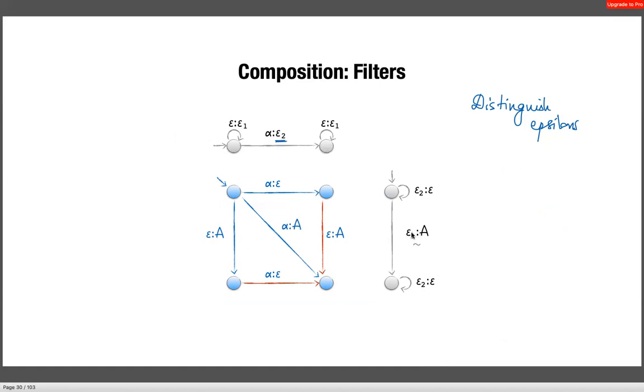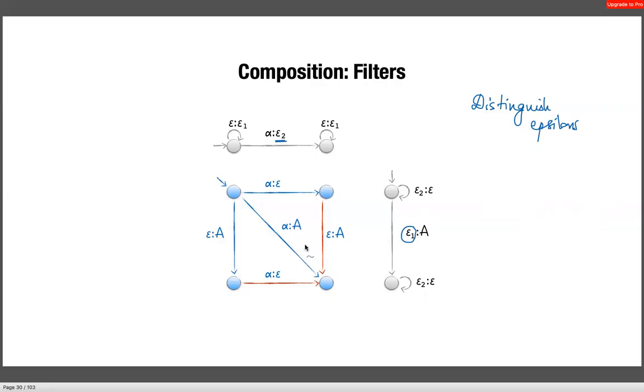Similarly, the epsilon here, which is in the input of this transition, I'm going to change to epsilon 1, and on the self loops, the inputs, I'm going to change to epsilon 2. So immediately by doing this, all the epsilon self loops are eliminated on my composed machine.